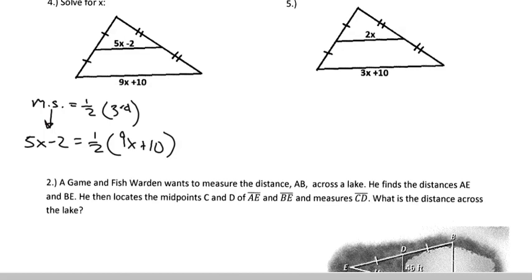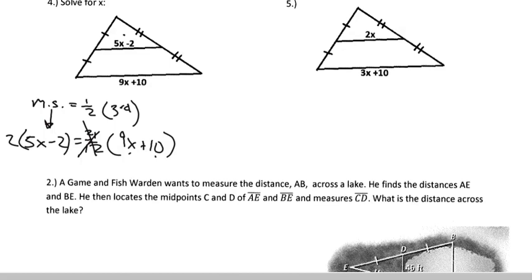So you have 2 choices to be exact of how you would do this. If both the numbers inside here were divisible by 2 easily, then you could just distribute the 1/2. I don't want to deal with 4.5 though, and 9 is not divisible by 2 nicely. Another way you could do this is to multiply this side by 2 over 1, that cancels out, and then you'd multiply that by 2.